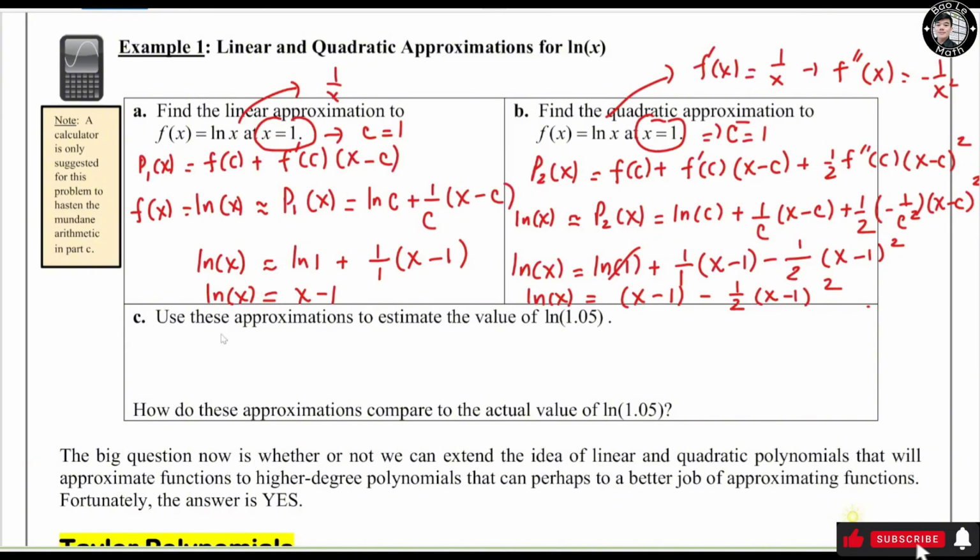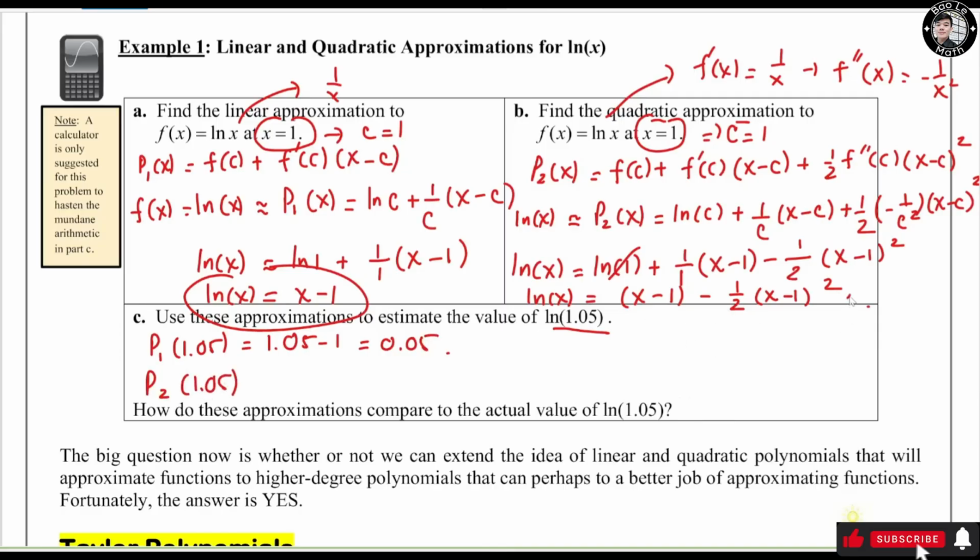Now question C, use these approximations to estimate the value of ln of 1.05. Now we have P1 of 1.05 is going to be this right here: 1.05 subtract 1, so it's 0.05. Now we're going to use P2 of 1.05.